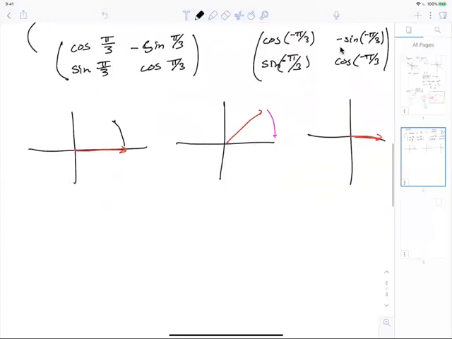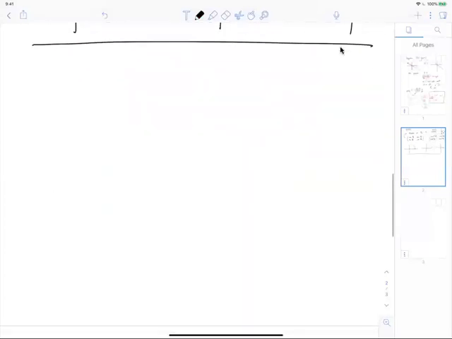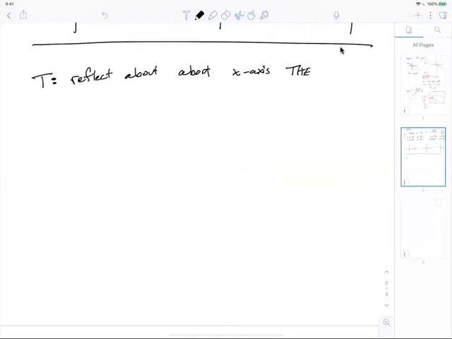But now, suppose your transformation is: reflect about the x-axis, then stretch by 2 in the x direction. So that's a very simple transformation. What does this transformation do?